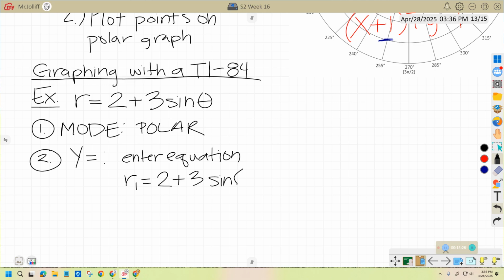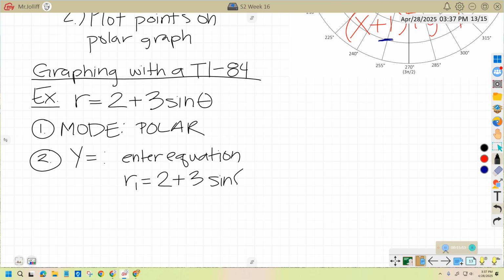Where is the variable button on my calculator? I'll give you a hint. It's the same button we use to pull up an x. Where's my variable button? Not second. How did we pull up an x when we were graphing? Very good. X, T, theta, n.